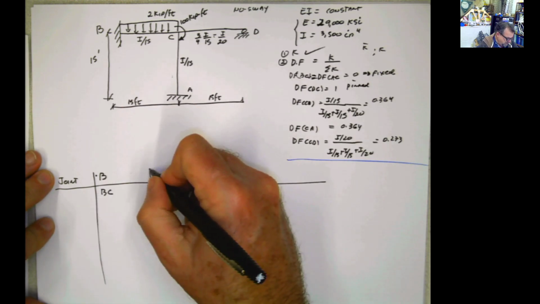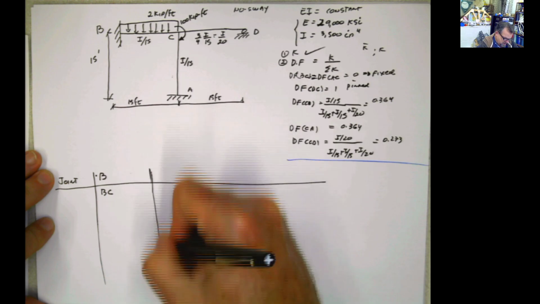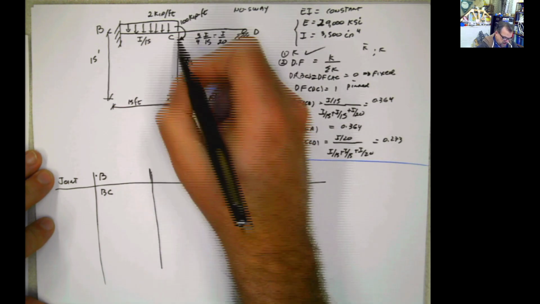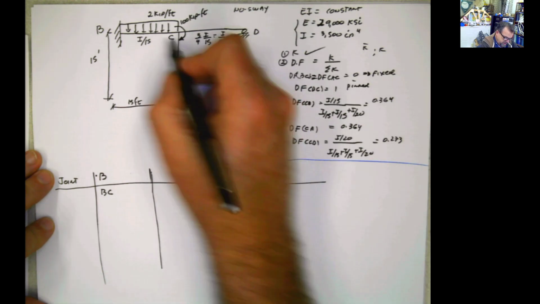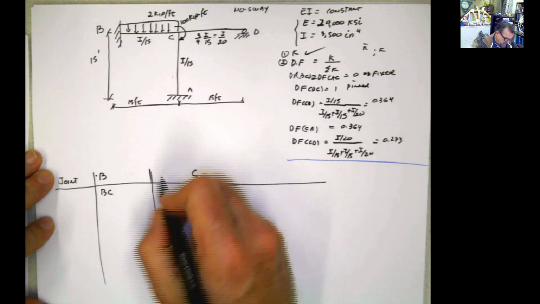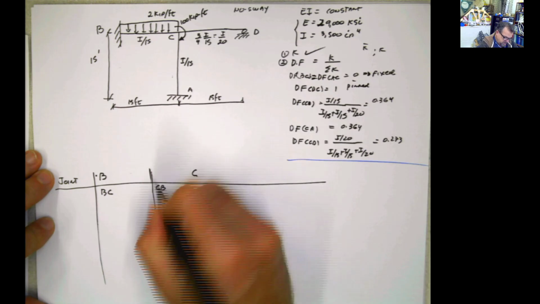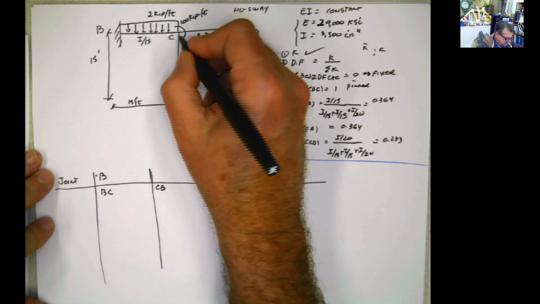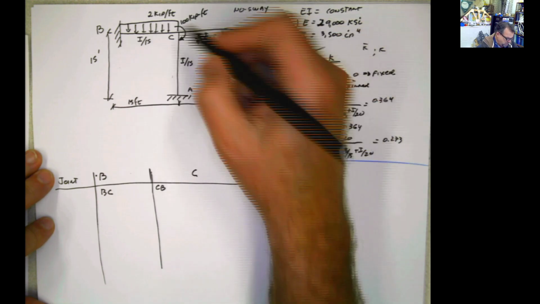Now joint B is connected to joint C, so I'm going to put joint C here, and that joint C has CB, which I'm going to put close to joint B, because this is the way I see it. Both of them should be close to each other. Then I'm going to put CA.